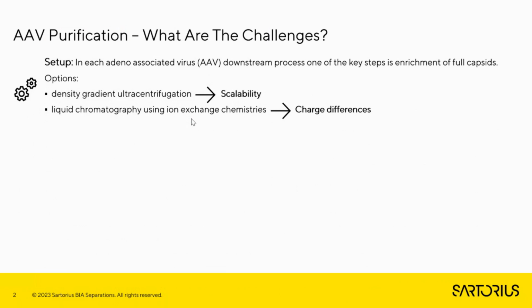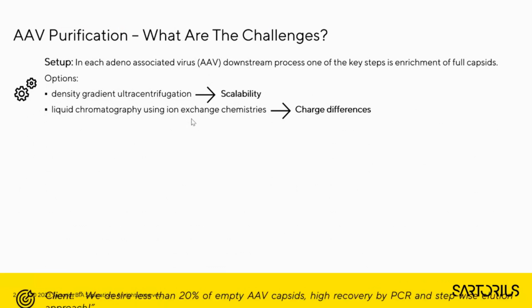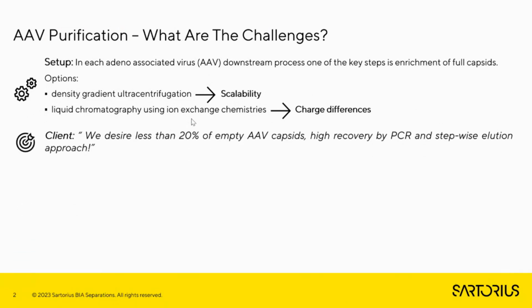Since there are such small differences between the empty and the full particles, those should be accounted for in the anion exchanger chemistries. Now, when a typical client comes to us, he gives a statement: we desire less than 20% of empty capsids, high recovery by PCR, and a stepwise solution approach.